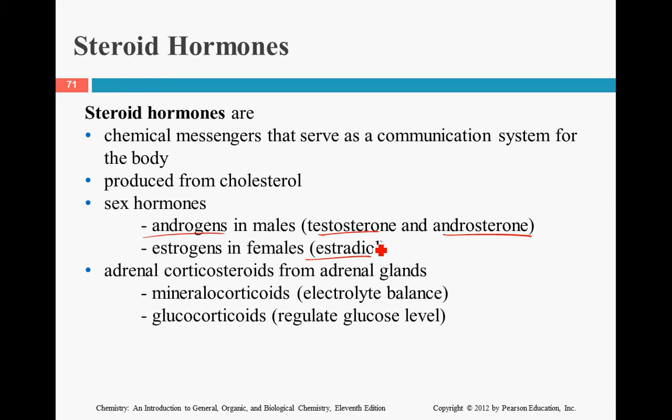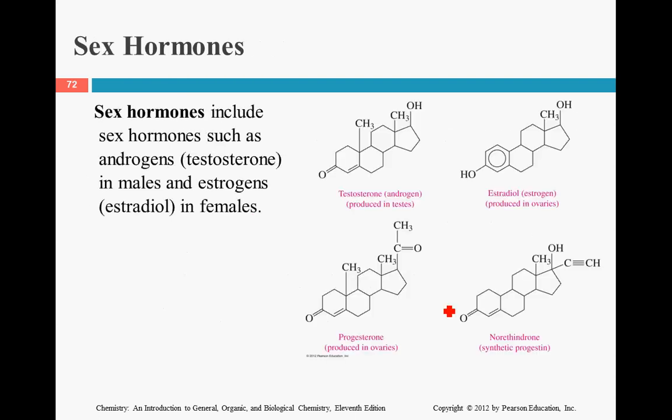Adrenal corticosteroids from the adrenal glands do things like regulate the glucose level. So hormones are not necessarily all sex hormones. They could be a variety of things. However, here are the sex hormones. We have testosterone, estrogen, progesterone, and another synthetic progesterone.